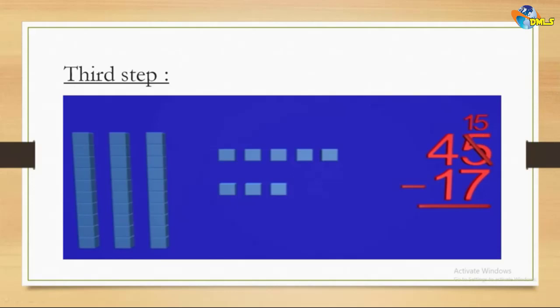And then when I subtract 7 ones from 15 ones, the result is 8 ones. But can you notice how many tens I have now? 1, 2, 3. So we will replace this 4 tens by 3 tens, and this is the fourth step.